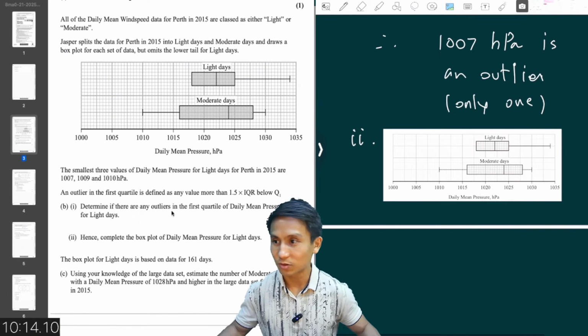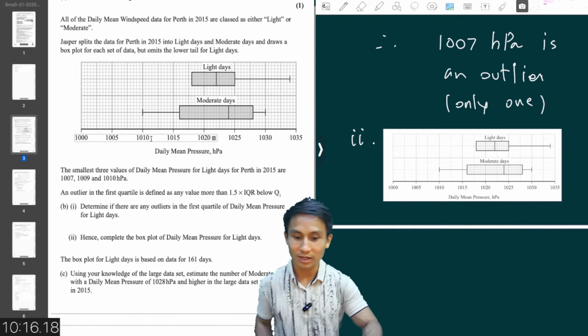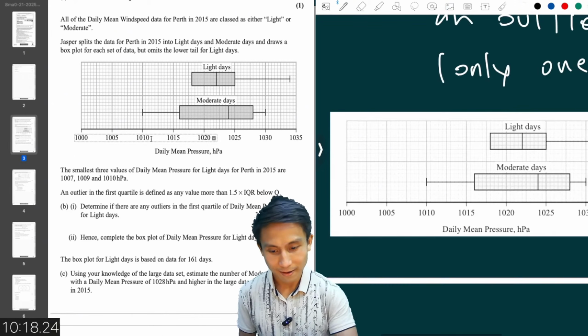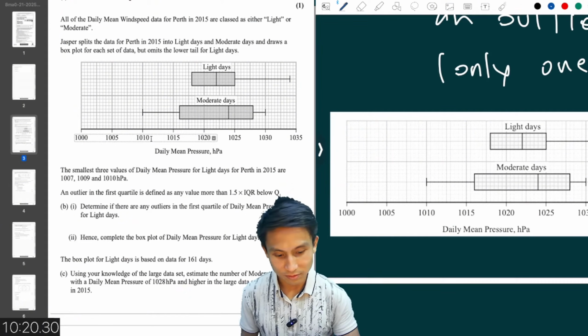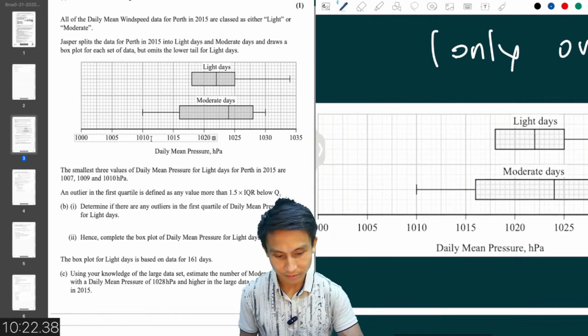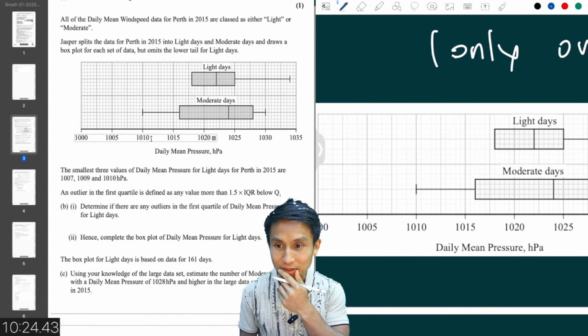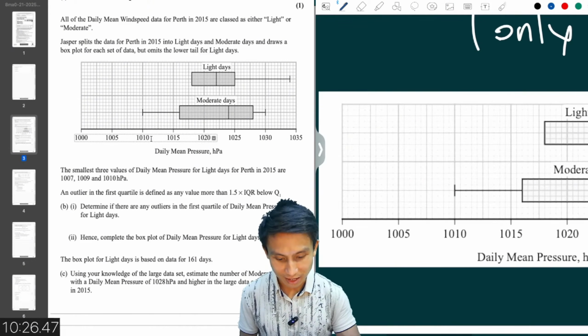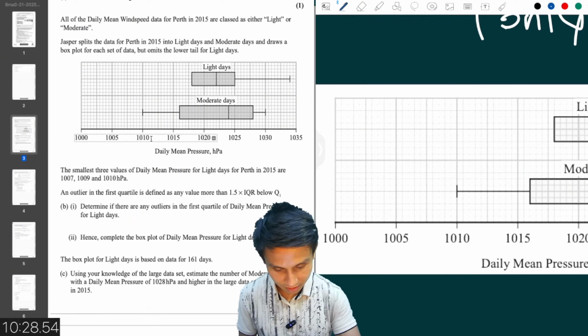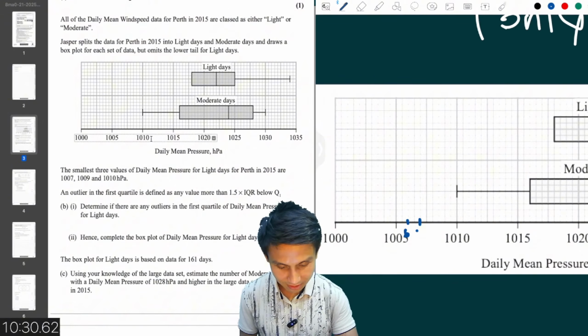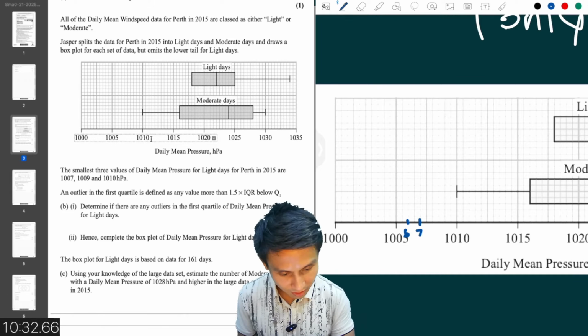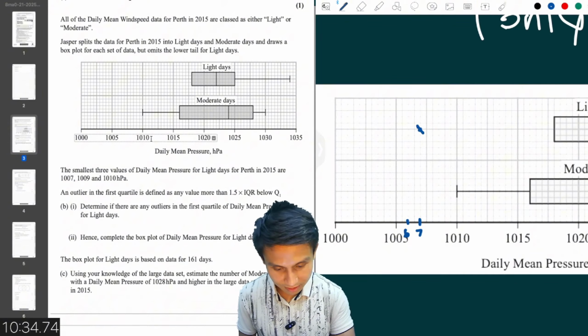All right, so we're gonna add all the data. Okay, so what do we have? I'm gonna use blue here then. Well, that means if 1007 is an outlier, we have it around here. So this is 6, this is 7, and then we have on this one, that's an outlier.